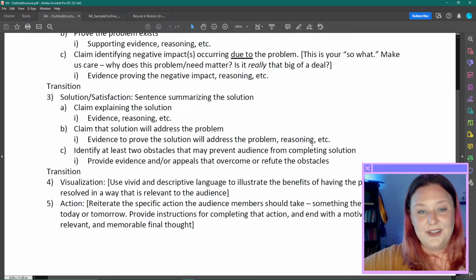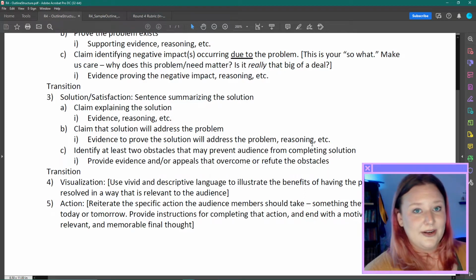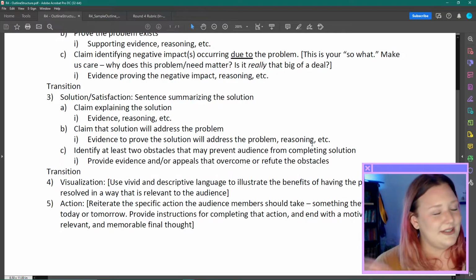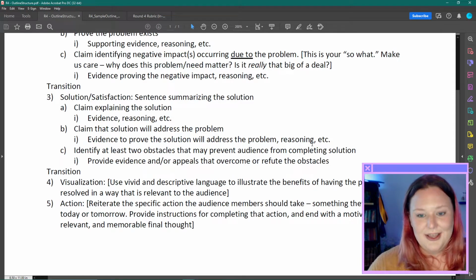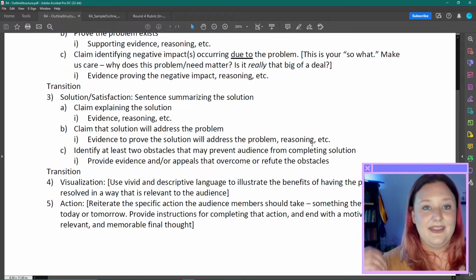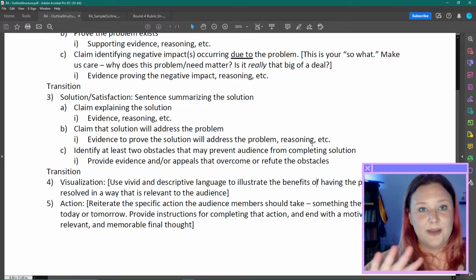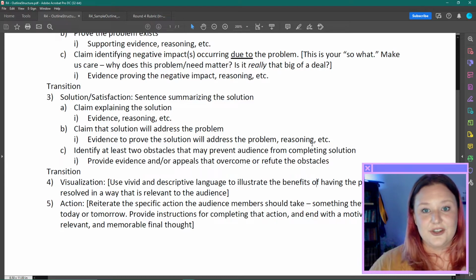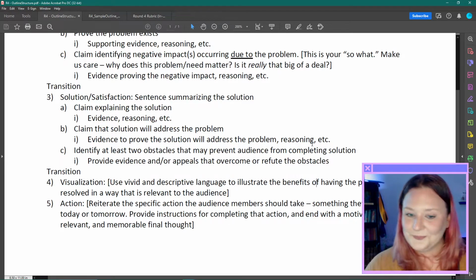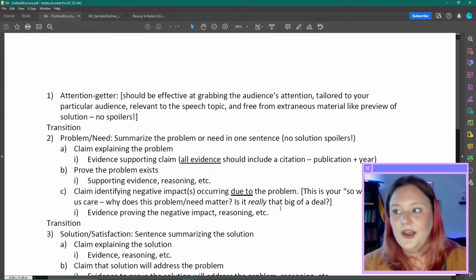So make sure you are still providing your evidence and reasoning. We're still using strong argumentation, but you will identify 2 of those obstacles and give us suggestions for overcoming them.